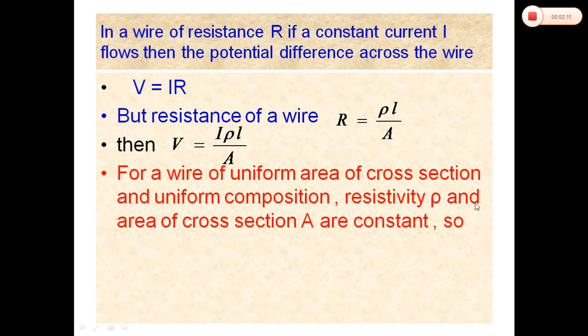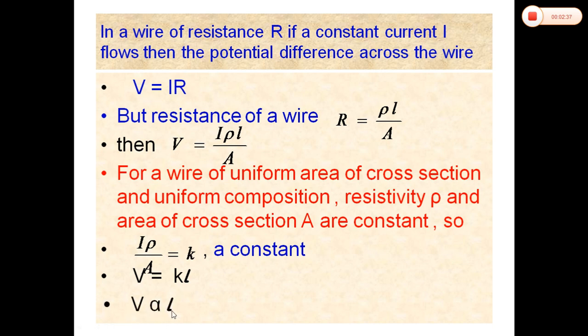So resistivity will be constant, and uniform area means the thickness of the wire is also constant, means area is constant, as is the current flowing in the wire. So I rho divided by A, this term becomes a constant, a new constant K. So V is equal to K into L, or V is directly proportional to L.